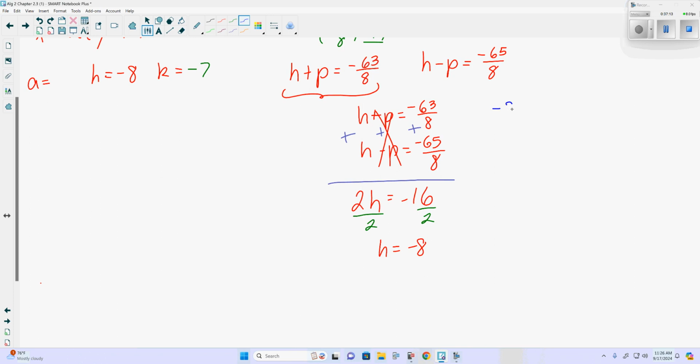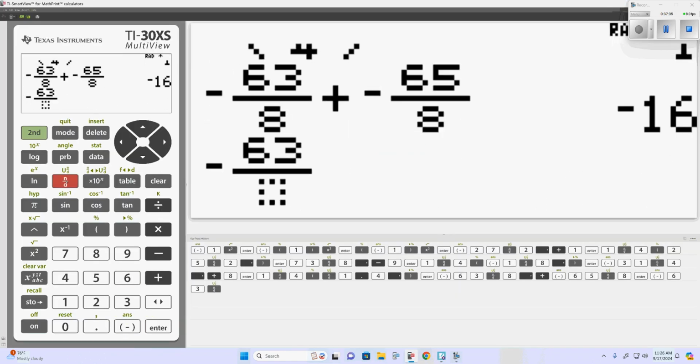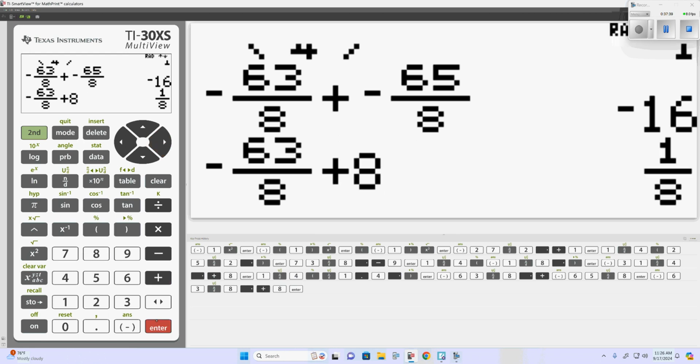So I can say negative 8 plus p is equal to negative 63/8. Here we would add 8 to both sides. So p is 1/8.